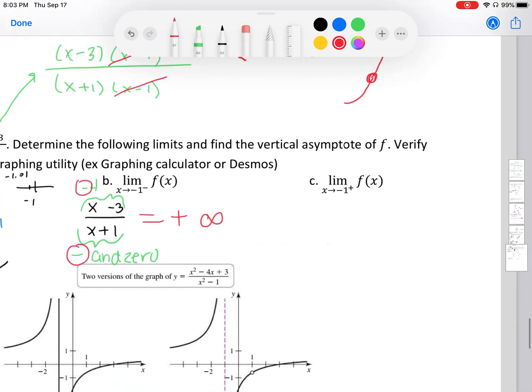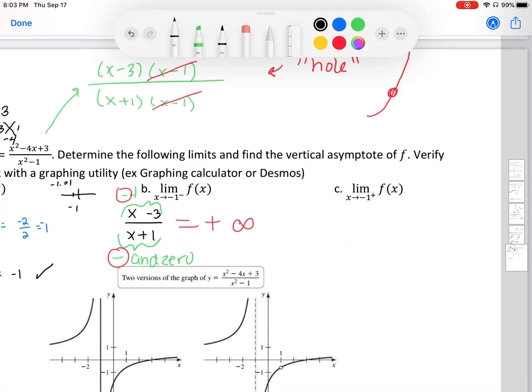All right, let's do the same thing, but now consider from the right, numbers that are very, very slightly bigger. So I have x minus 3 over x plus 1. If I plug in a negative 1, we'll get negative 4 on top. Now here, we are approaching negative 1 from the right side. So let's try negative 0.999. I have to be careful.